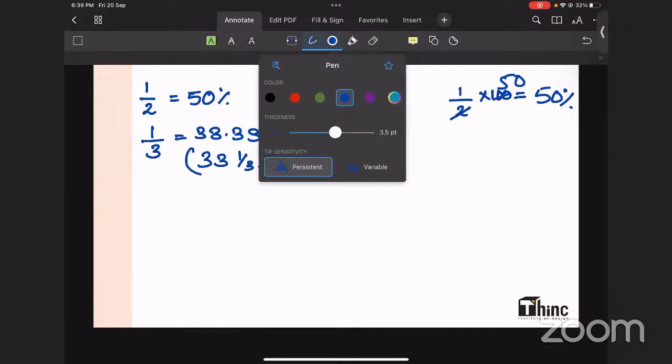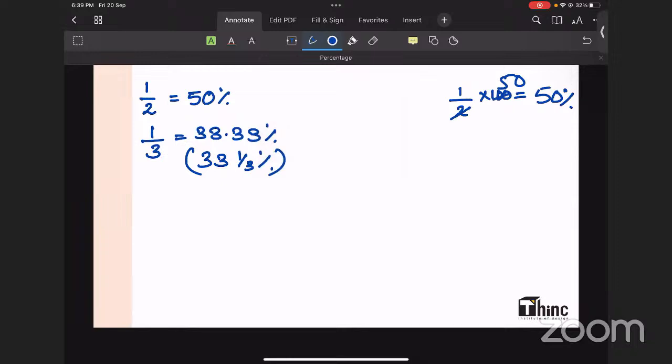Okay, next is 1 by 4. 1 by 4 is familiar. Half of 1 by 2. 1 by 4 is half of 1 by 2. So half of 50, 25%.